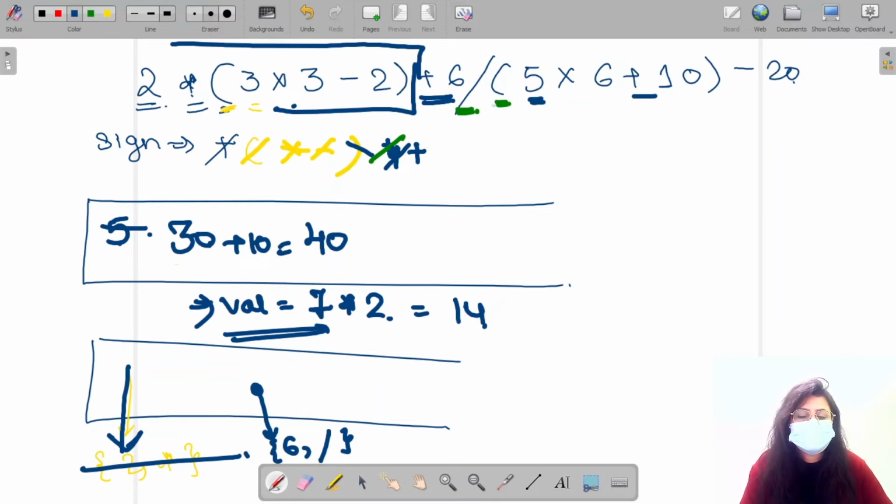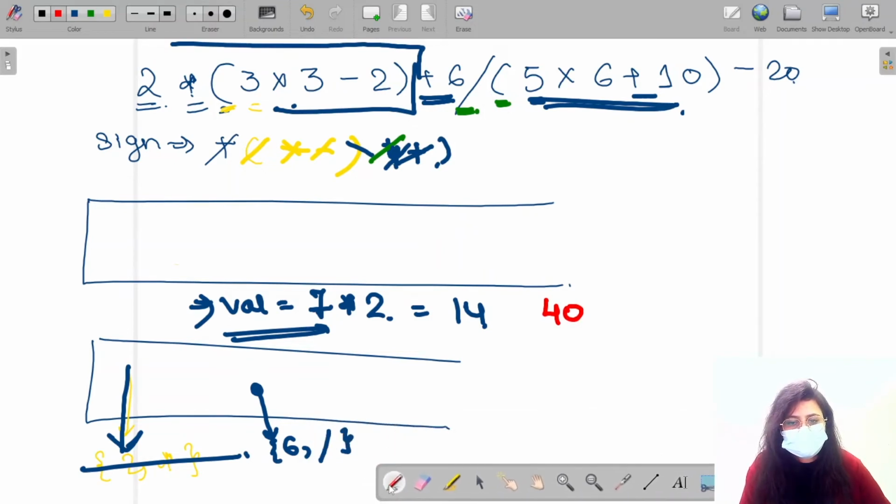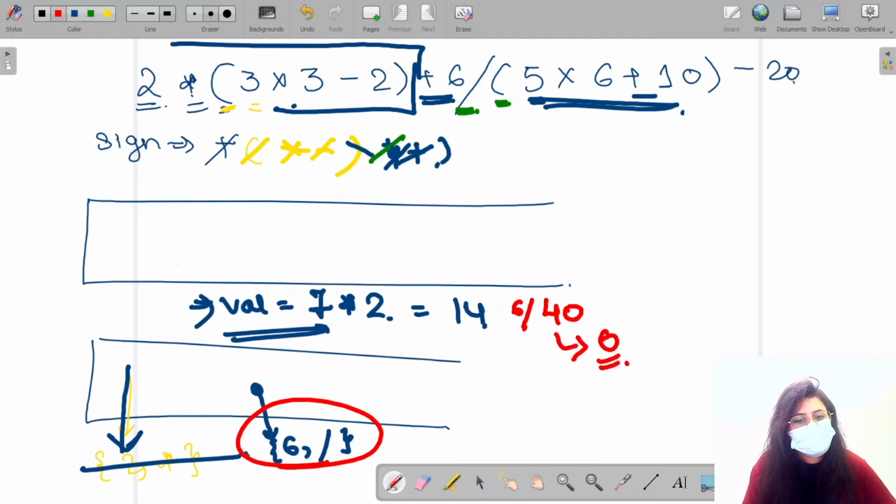Okay. So what we will do now, we have 40 as answer. So now parenthesis closed. Okay. Pop it out. And now 40 will be solved by this one. 6 divided by 40, which would give 0, right?